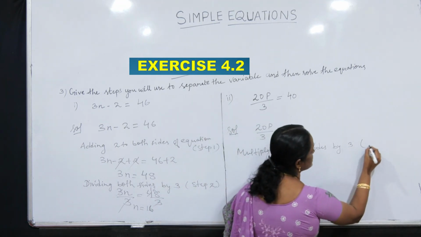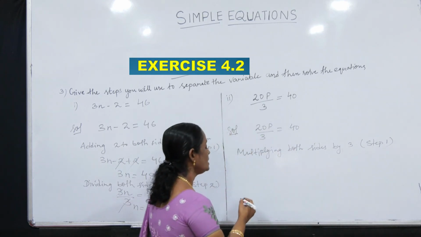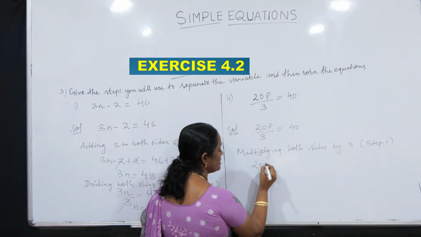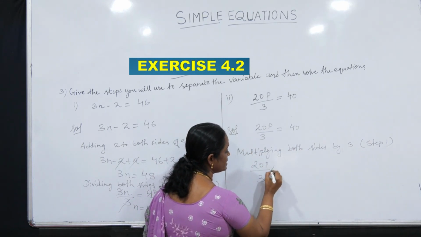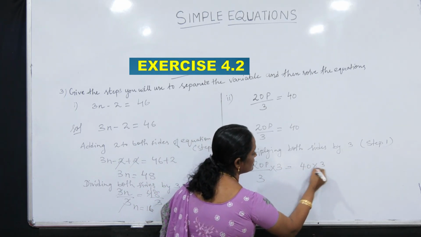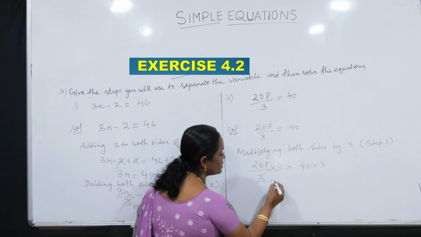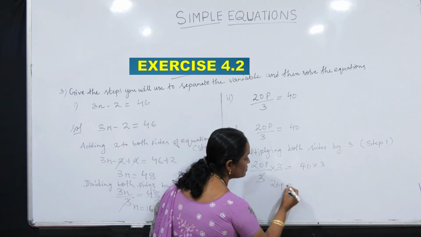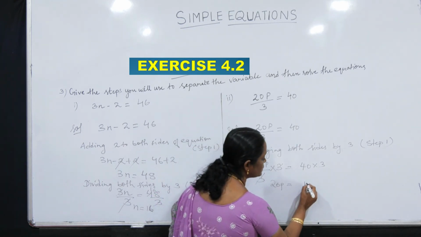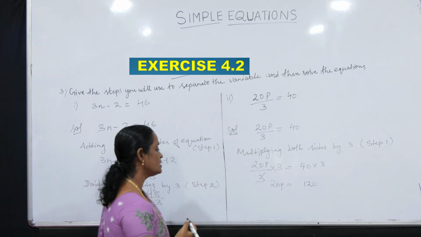It is the first step here, step 1. 20p divided by 3 into 3 is equal to 40 into 3. So here we can cancel this 3. 20p is equal to 40 into 3, which is 3 fours are 12, 120. 40 into 3 is 120.